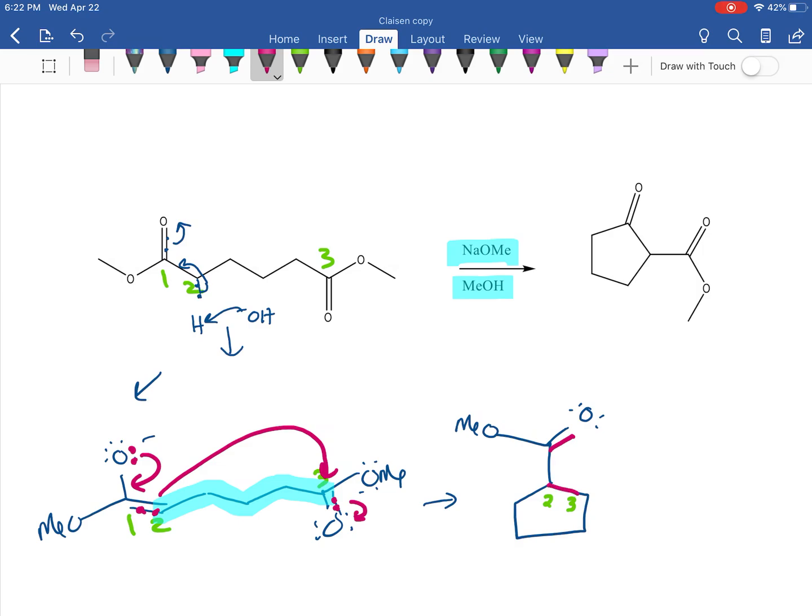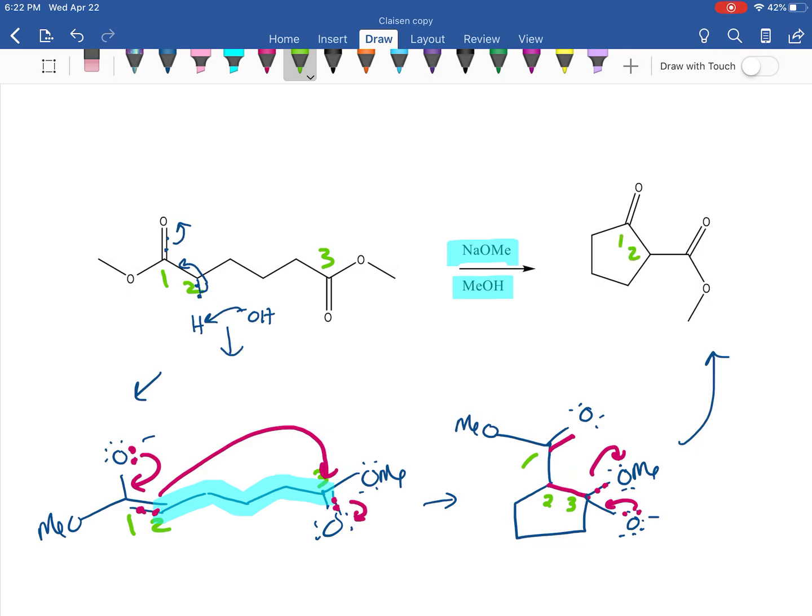Number 1 is outside. Number 1, we reformed that double bond. And then we formed our bond between 2 and 3. Okay. And then what is left on number 3? Well, we still have an OMe. And we have that O minus. All right, we have a tetrahedral intermediate.